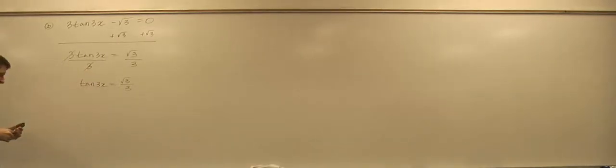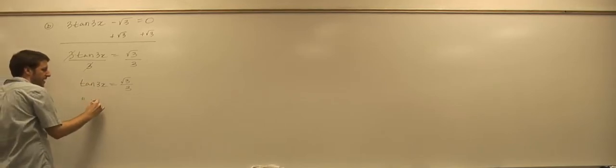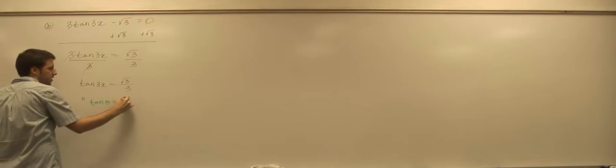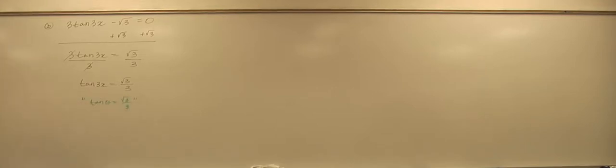And the way to take care of the tangent is to ignore the multiple angle for a second and just answer the question, where is tangent of theta equal to root 3 over 3?